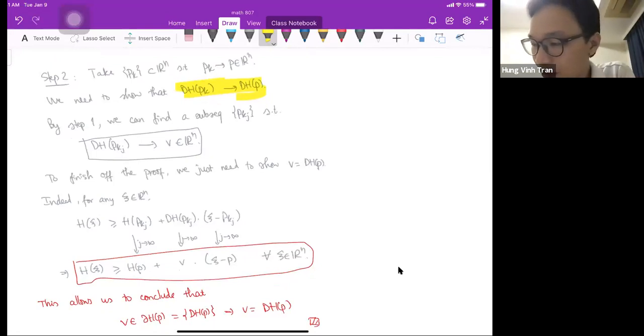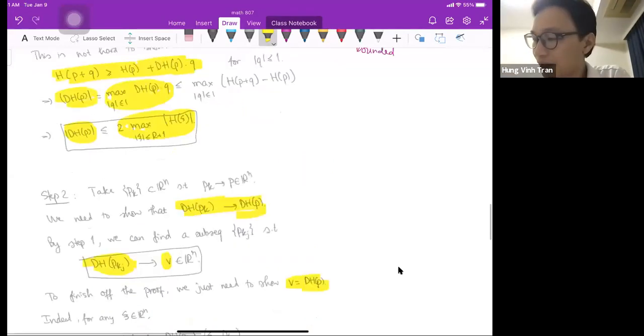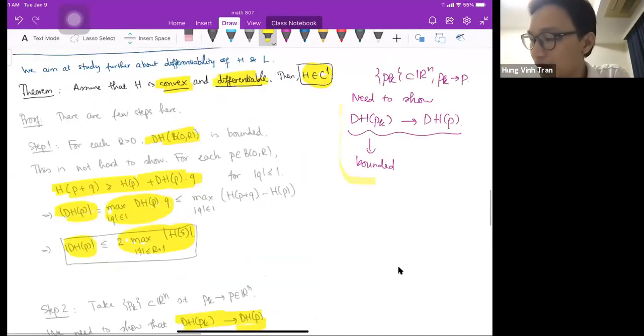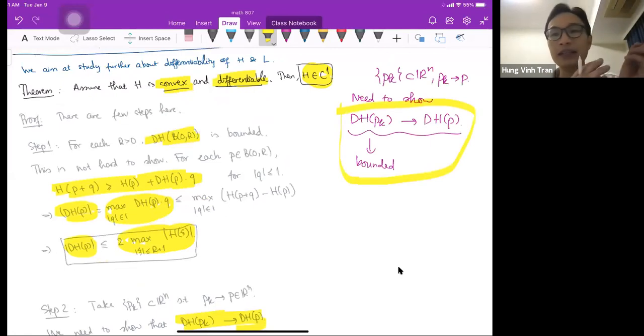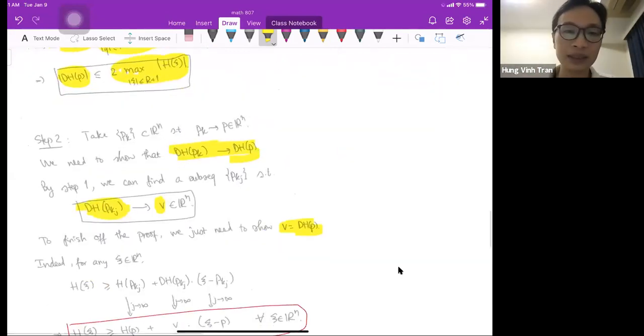By passing to a subsequence, you have dH(p_k) converging to v. You just need to show that v is indeed dH(p). That's enough, because otherwise you can do a proof by contradiction, assuming that this one is not convergent. Then you can find a subsequence that converges to a different value, and from that subsequence you can find another subsequence, and there's a contradiction anyway.